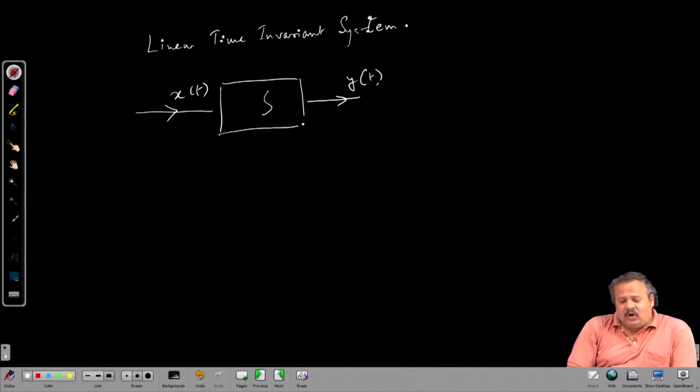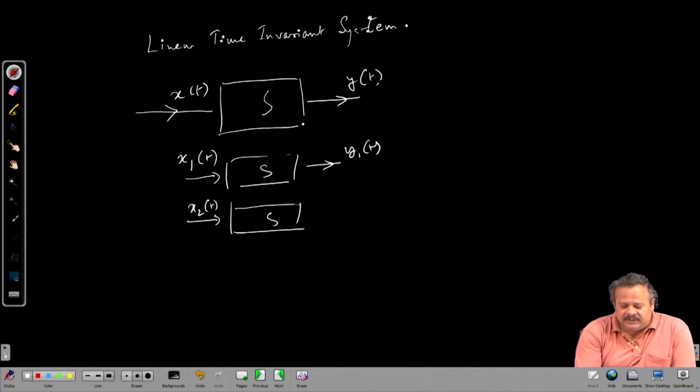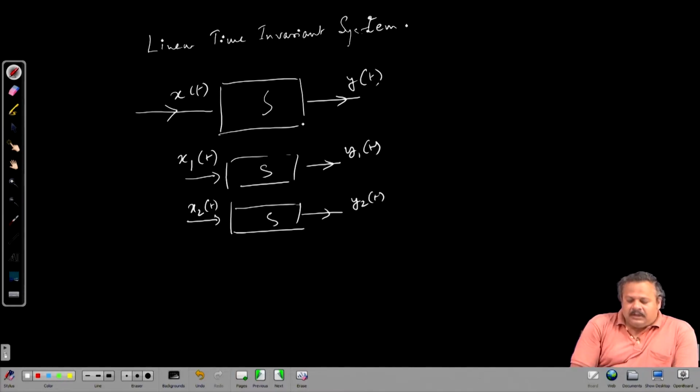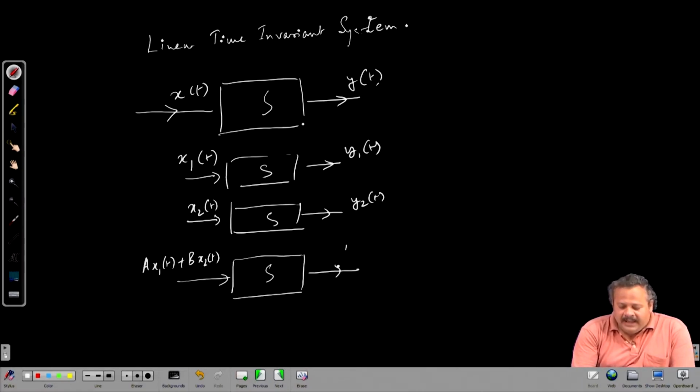Then the system S is called a linear system if for an input x1t the system produces an output y1t, and if for an input x2t the system produces an output y2t, then if the system is given the input a times x1t plus b times x2t, where a and b are scalars, the output is a y1t plus b y2t.